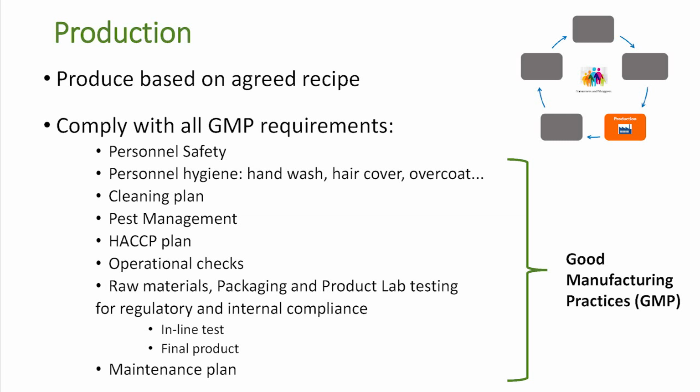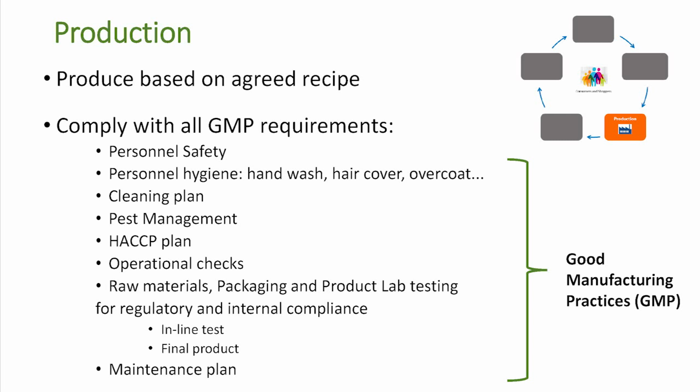Okay? So once you have done that, there are some requirements that you should follow, especially in food production. It is very important for everyone in this session to remember that we are focusing on food, because the first stage of this activity is focused on food. In the food industry, there are certain practices that we call good manufacturing practices.